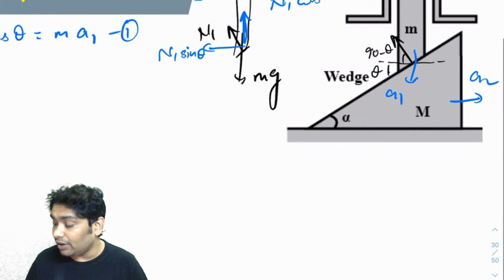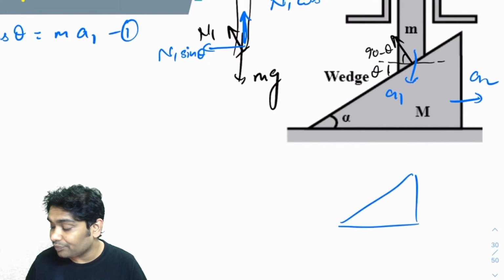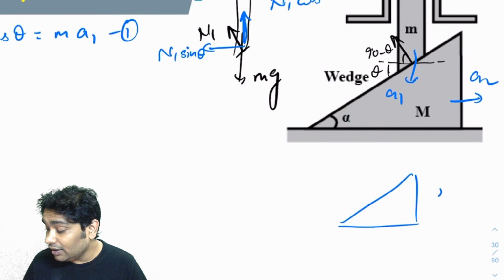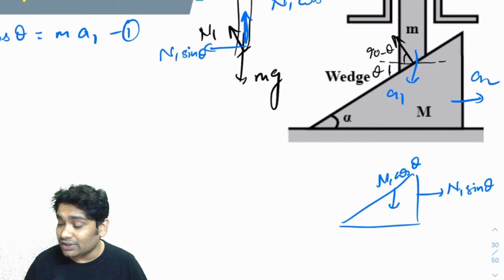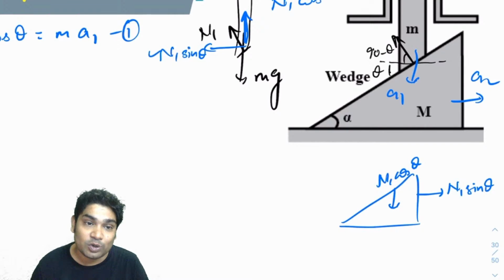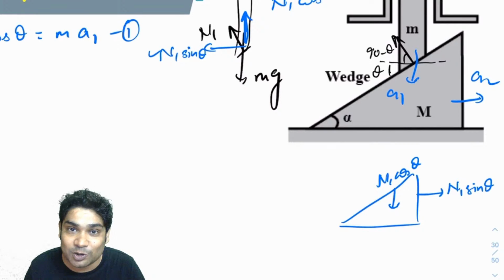Similarly, if I talk about capital M, the wedge would feel n1 sin theta here, and it will feel n1 cos theta like this. Alright, so this is the reaction pairs of these components only. I am directly applying reactions of components only.